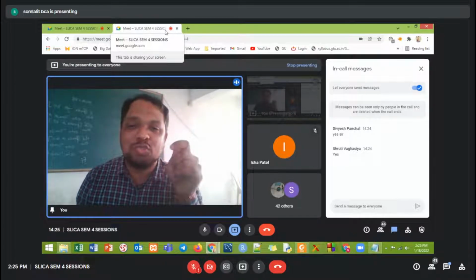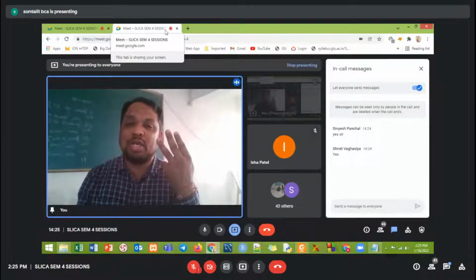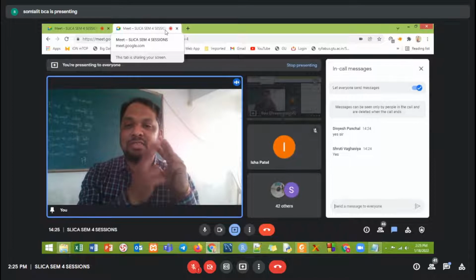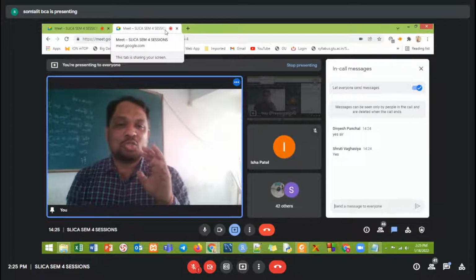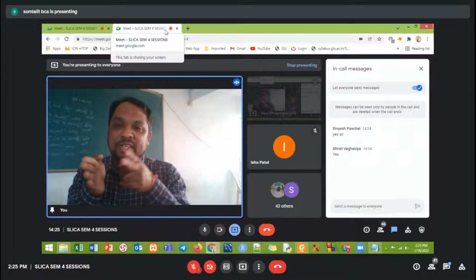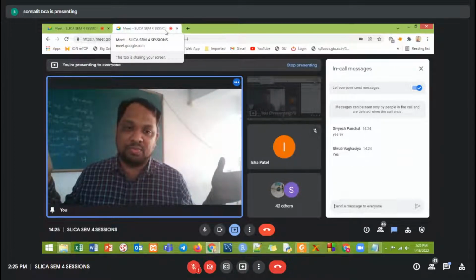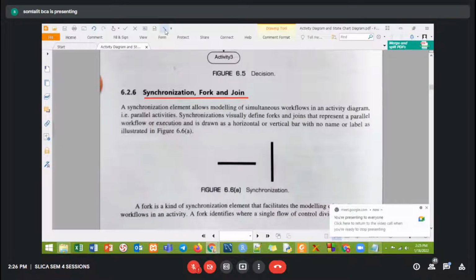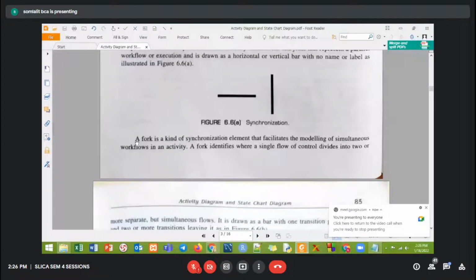So what is the difference between a spoon and a fork? There are multiple edges in the fork. If we take a spoon and split it from between, it becomes a fork. So try to understand, a fork is basically an activity which specifies that a particular activity can be divided into certain other states.